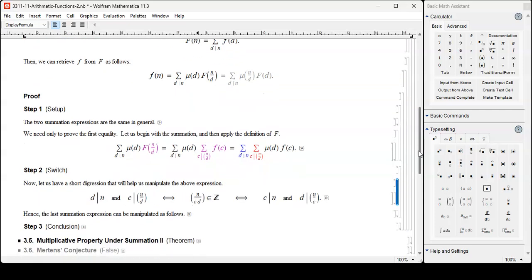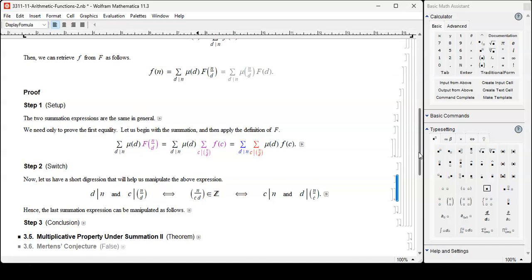Let's have a short digression about the divisibility again. Let's see, d divides n, I'm using blue there, and c dividing n over d, I'm using red there, so let's stick to blue and red. Blue summation, red summation, all right? Now, I don't need this coloring anymore, so I don't want to get confused with these.